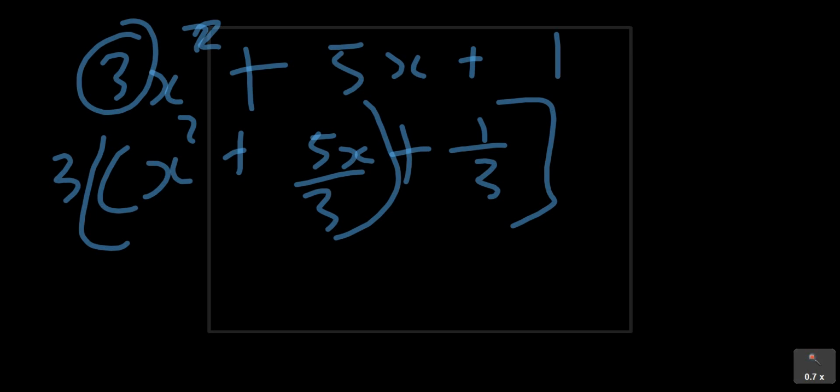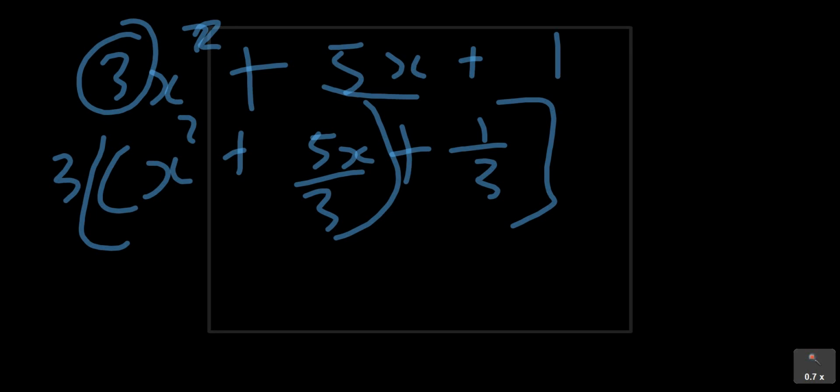If I say 3 times 5 over 3x, the 3 cancels that 3 and it brings me back to this original term. It will give me the same thing if I multiply this 3 by this 1 over 3: the 3 will be cancelled with the other 3 and 1 will be left.